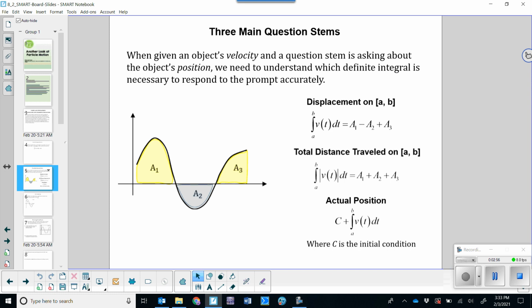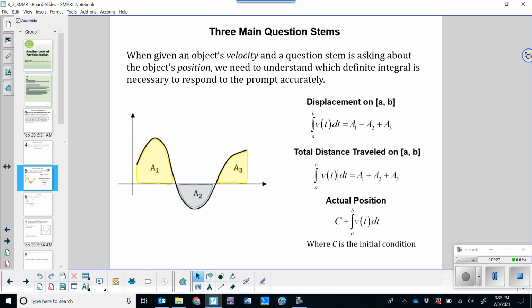So if we look at displacement, it just integrates v of t, where this function that's here is the velocity. Well, it's going to be A1 positive, and then it's going to be minus A2, because the area is going to be a number like 10 underneath it, which is why we subtract it, because that's underneath the x-axis, and then plus A3. So that's displacement. So displacement could be 0, and it could definitely be negative, okay?